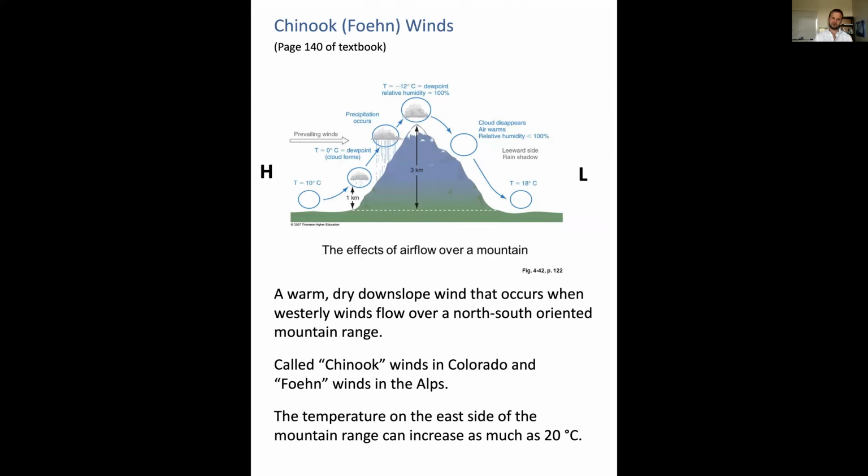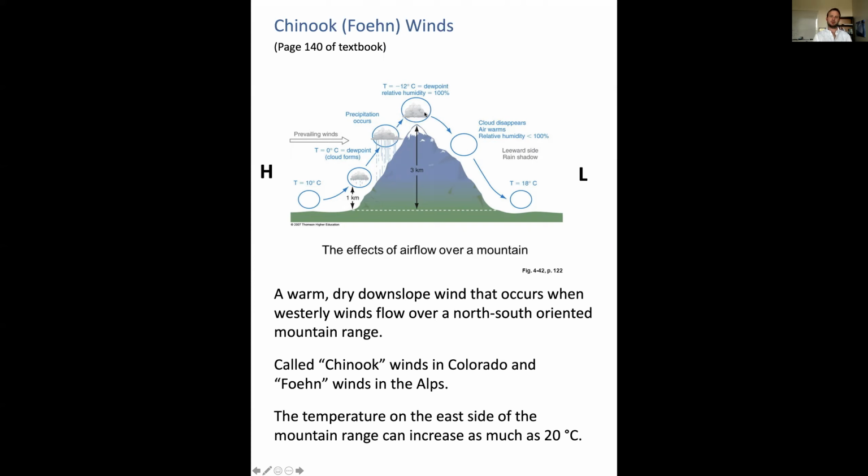Because it's associated to the existence of the Rocky Mountain range that interacts with the prevailing flow from the west. Okay. And the atmospheric flow needs to lift on the western side, the windward side of the Rocky Mountains, which leads to precipitation, which leads to cooling, obviously, as well.